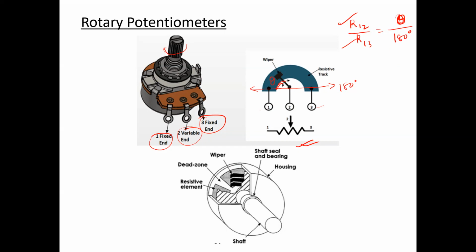Now this rotary potentiometer mechanism is often used for rotary encoders. There are resistive rotational encoders that you can use along with different microcontrollers to predict angular displacement.